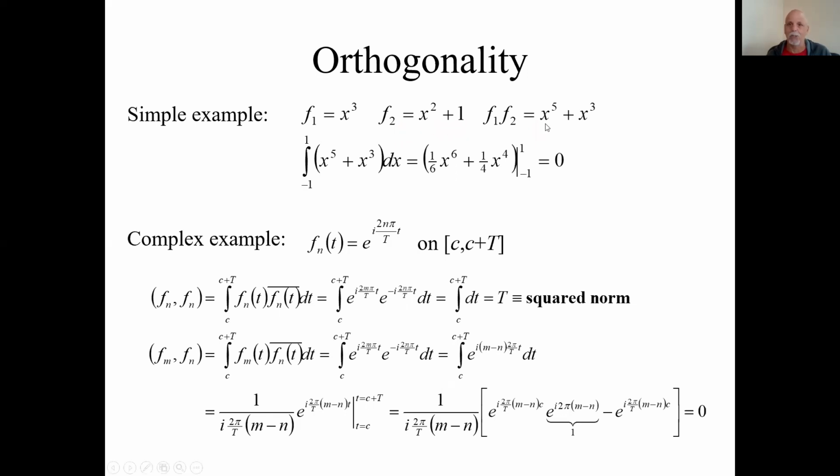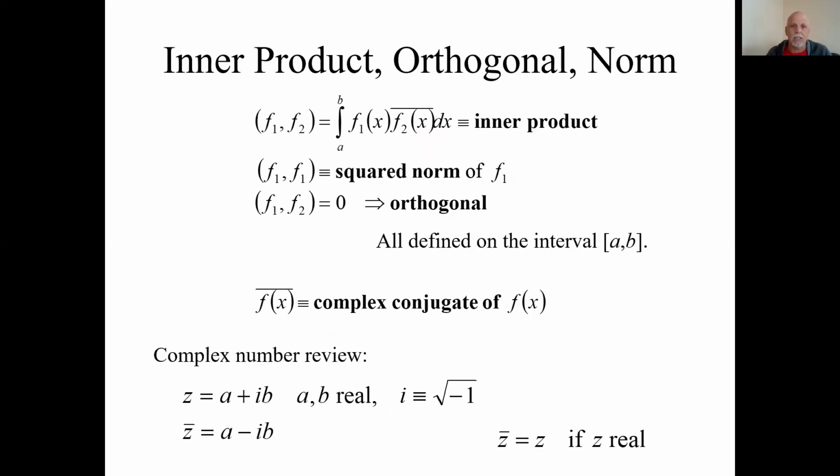We're assuming x is real here. So in this case, we have two real functions. This is their product, so that's what we put in the integral, -1 to 1 over that interval. Go through it all, and that's 0. So yes, indeed, these two functions are orthogonal on the interval -1 to 1. We'll do this an easier way a little bit later, but this is just exercising the definition.